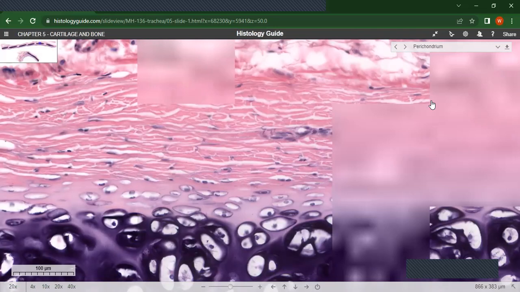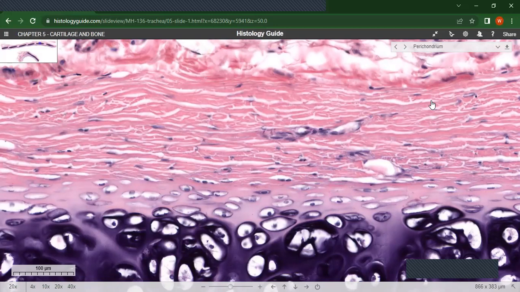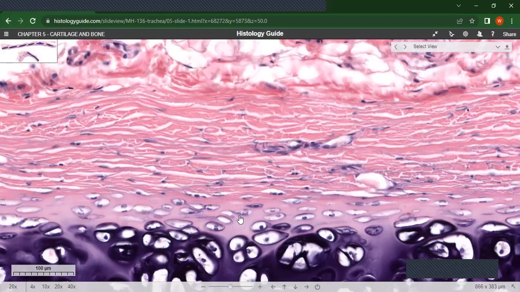Hyaline cartilage and elastic cartilage are the only cartilages with the perichondrium. This is the perichondrium. It has two parts, an outer fibrous part and an inner cellular layer, or the inner chondrogenic layer.